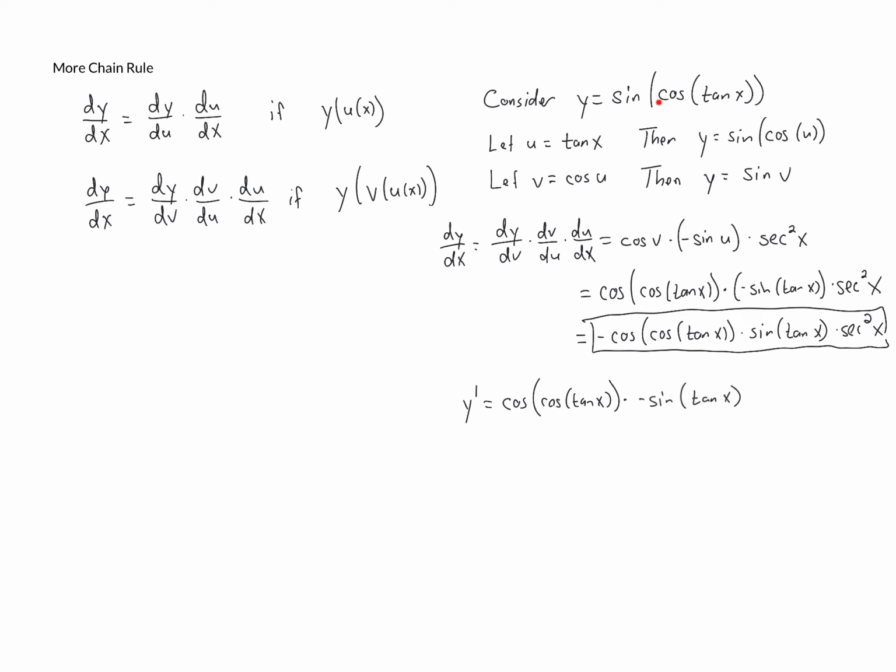The derivative of cosine of u is negative sine of u, so it's going to be negative sine of tangent. And then times, I'm going to put all that in parentheses because I don't like having a multiplication next to a negative like that. And then times the derivative of the innermost function, the derivative of tangent x, is secant squared of x.